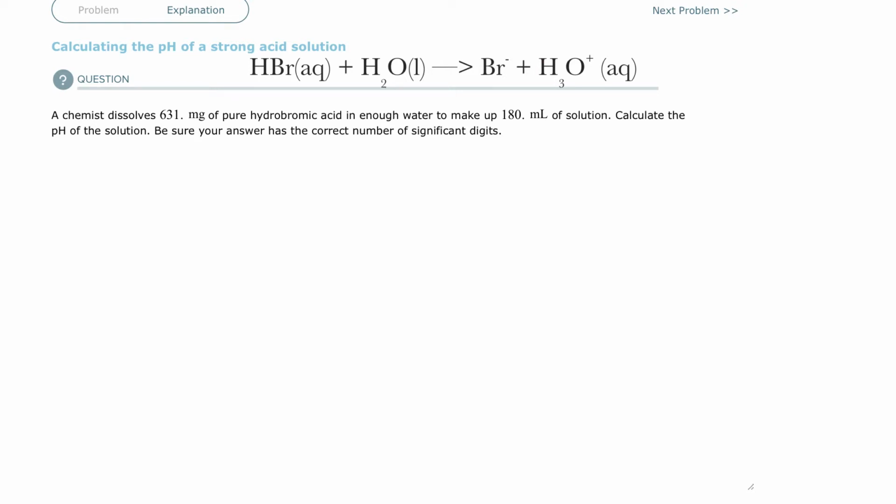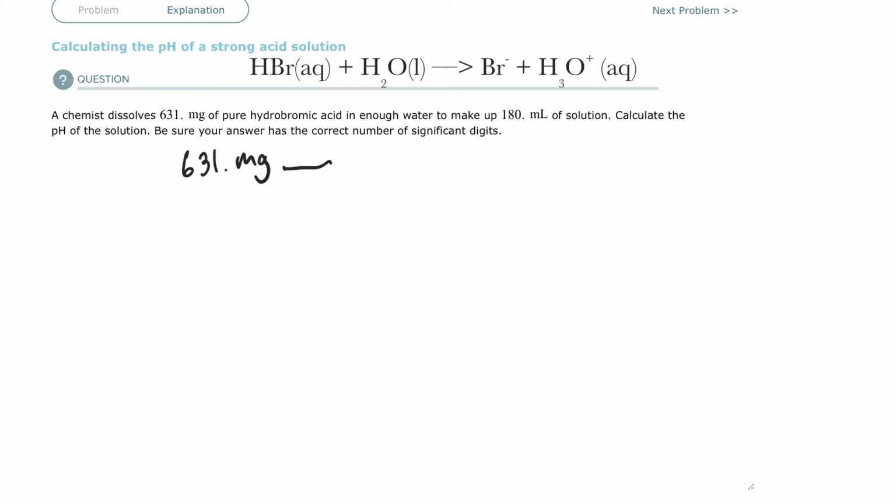So now, since this is 1 to 1, I need to know how many moles of hydrobromic acid I'm starting with. I'm given that it's 631 milligrams. If you remember, I need to go to moles, so I have to go to grams first because the periodic table is in grams per mole.